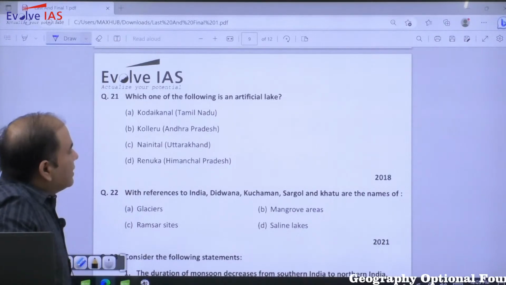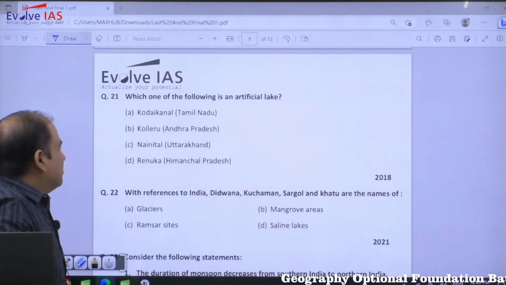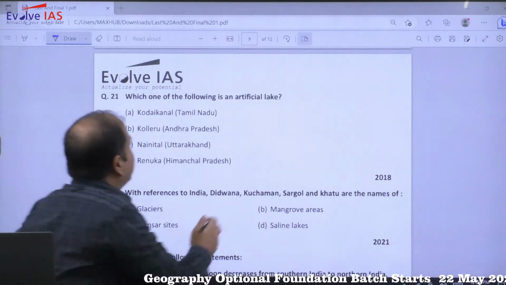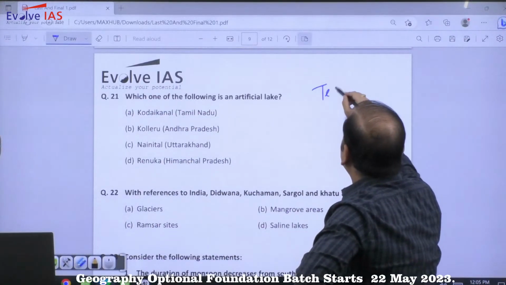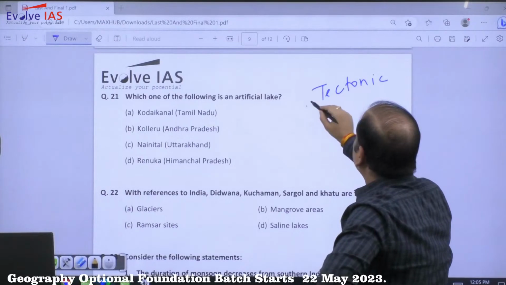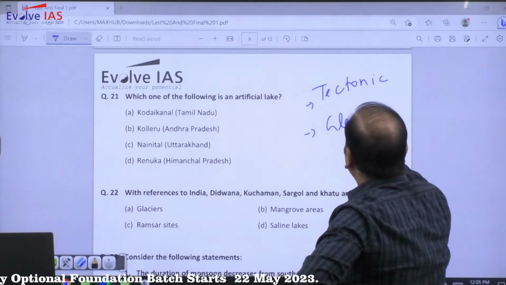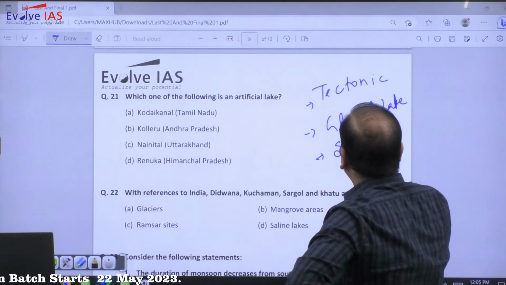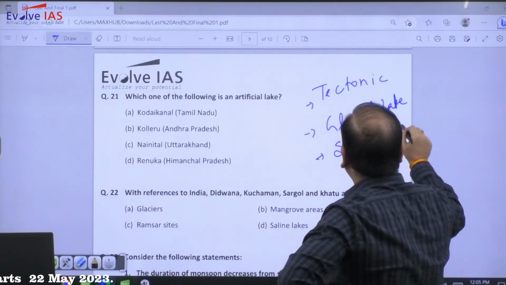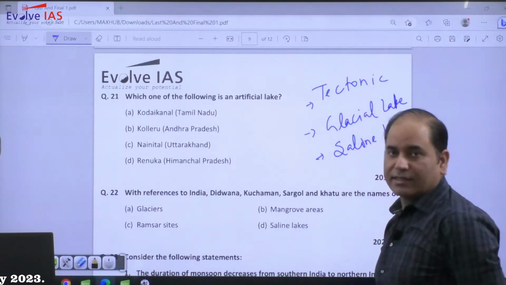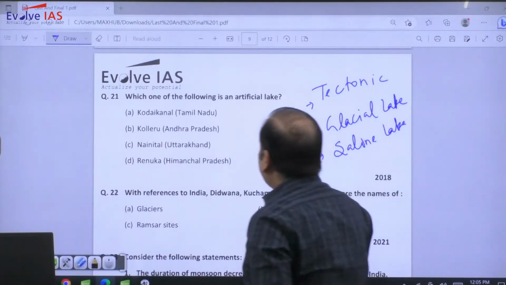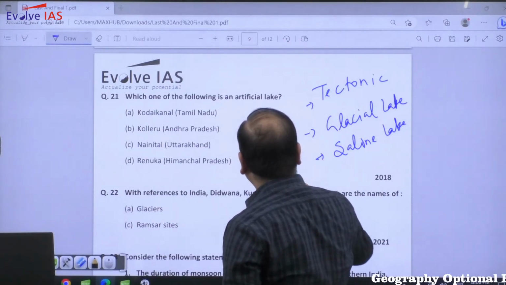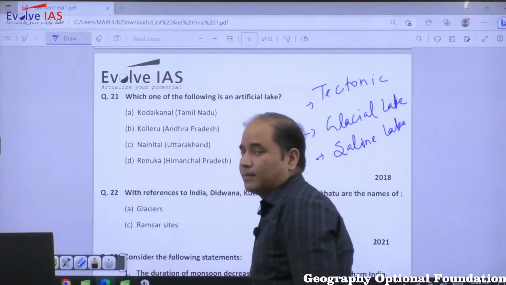Now, which one of the following is an artificial lake? So, it is expected that you need to know the lakes. So, there are different types of lake. We have tectonic lake, glacial lake, saline lake, and we have lots of lakes in India, and some of the lakes are part of the Ramsar site of wetland.